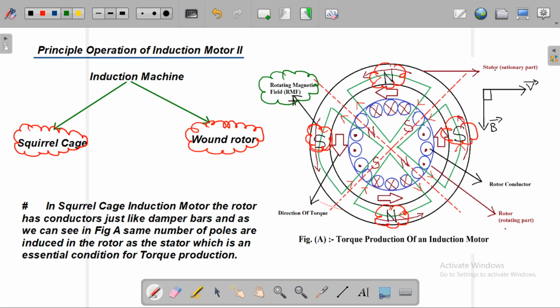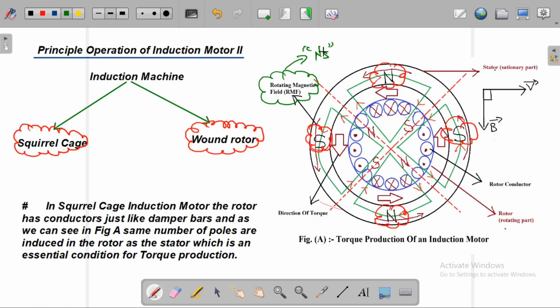The rotating magnetic field speed is called the synchronous speed, denoted by ns. Synchronous speed is basically the conversion of electrical frequency into mechanical speed in terms of RPM. This is called the synchronous speed, or the rotating magnetic field.